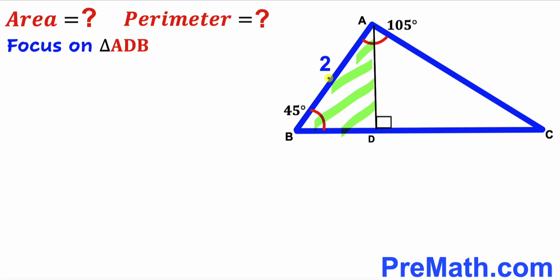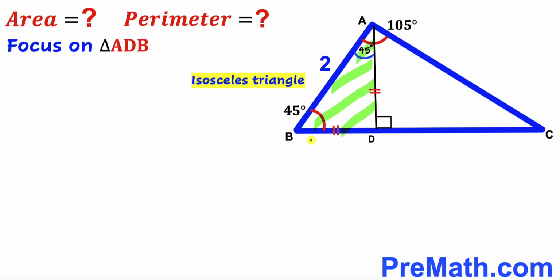And now we are going to focus on this right triangle ADB. We know this is our 90 degrees angle, this is our 45 degrees angle. So therefore this remaining angle has got to be 45 degrees as well. Make an observation. We can see that this triangle ADB is our isosceles triangle, since this angle is 45 degrees and this angle is 45 degrees as well.